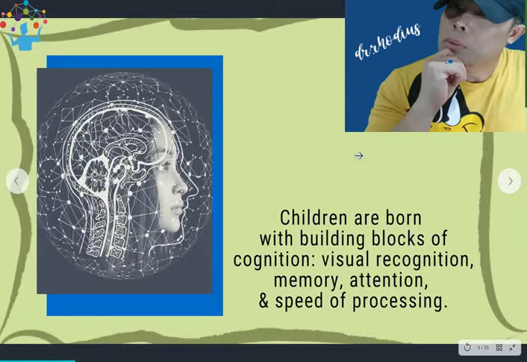Now, let us get into the most fundamental principles of constructivism. First, children are born with building blocks of cognition: visual recognition, memory, attention, and speed of processing. Do you remember this one when we talked about the biological theory of learning?